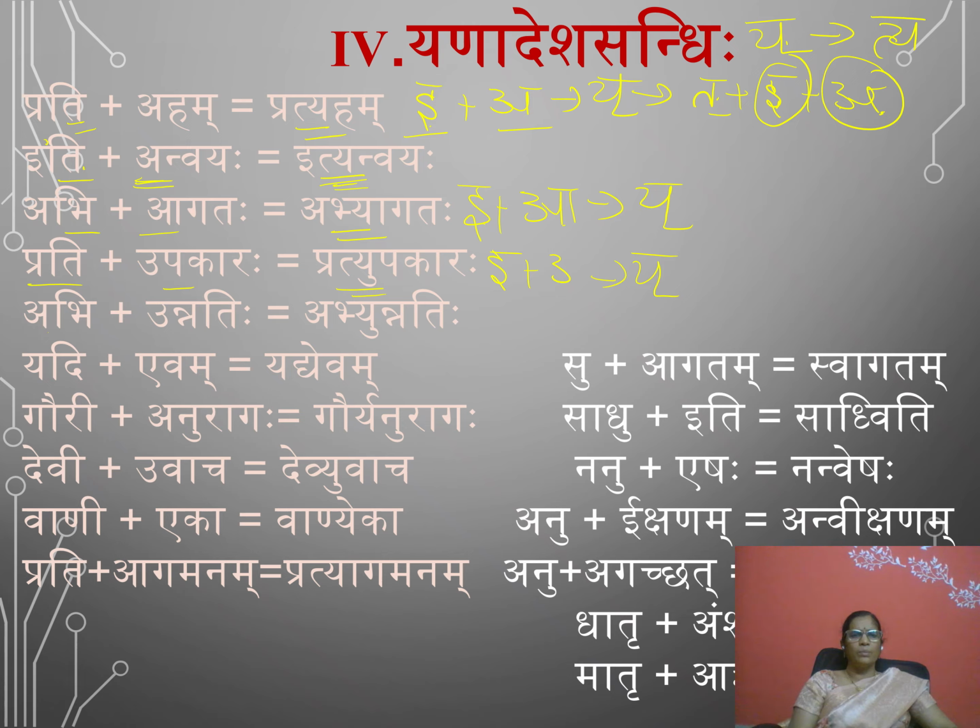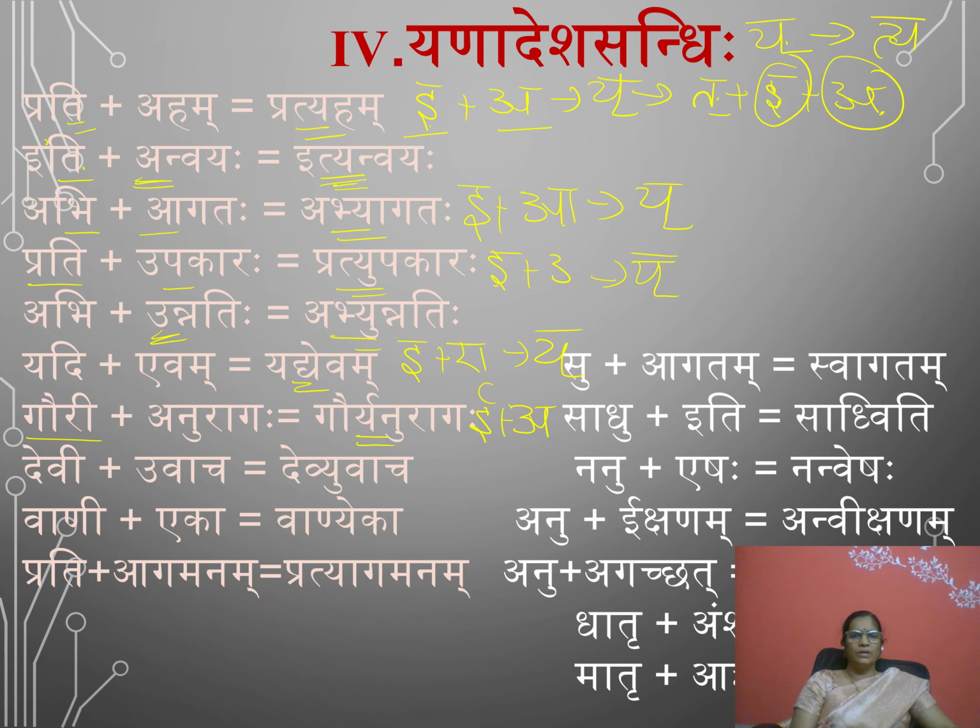Next one, Abhi plus Unnatihi. This is also same. Abhi ended with E, Unnatihi started with U. Then in the place of E, we are getting Ya. Abhyunnatihi. Yadi plus Evam. First word ended with E, second word started with A. Then we are getting Ya. Yadyevam. Gauri plus Anuragaha. First word ended with E, second word started with dissimilar vowel.